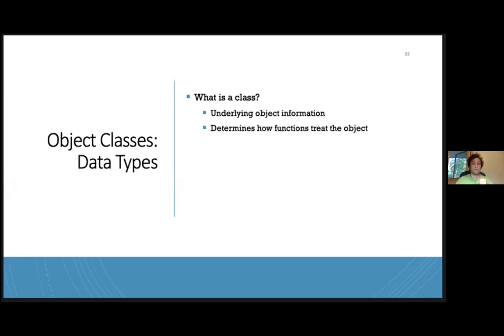So for example, I can't use a function to find the average of a word. That just doesn't make sense. They're totally different data types, and that's really all that this class idea differentiates: what type of data you have. So classes really matter when it comes to running your functions and troubleshooting issues you might be having with actually running functions and getting a sensible value or getting any value at all.